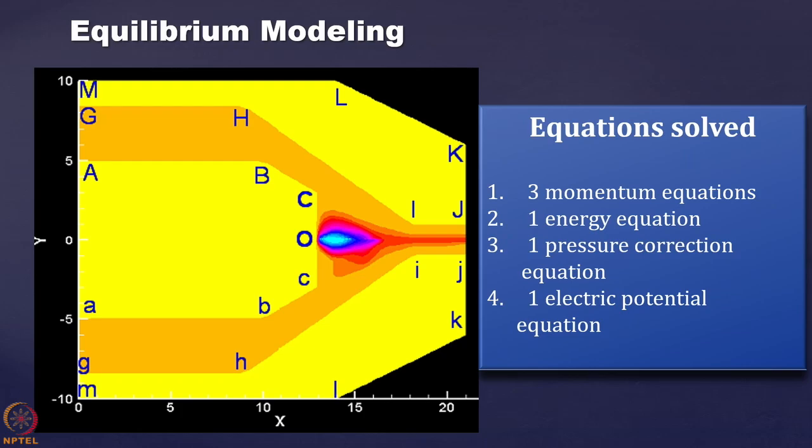There will be exchange of energy between the electrons and the heavy species. So some terms will be positive in the heavy species equation, and some will be negative in the electron energy equation, so that one loses and one gains, because they constitute the complete fluid, electrons and the heavy species.